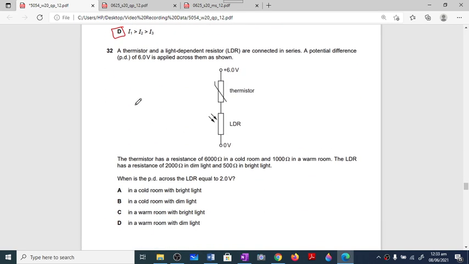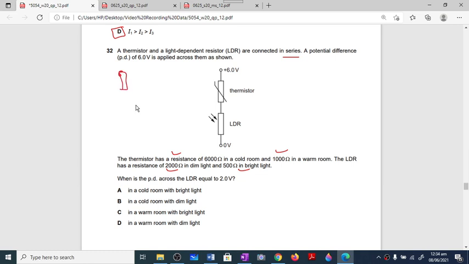Now the thermistor and the light dependent resistor are connected in series. A potential difference of 6 volt is applied across them. Two conditions are given: 6000 ohm and 2000 ohm, and 1000 ohm and 500 ohm. He is saying that the PD across the LDR is equal to 2 volts, so first we will apply the first condition.